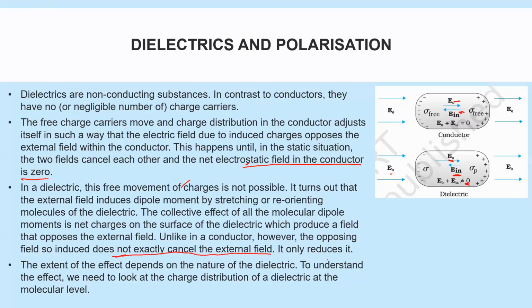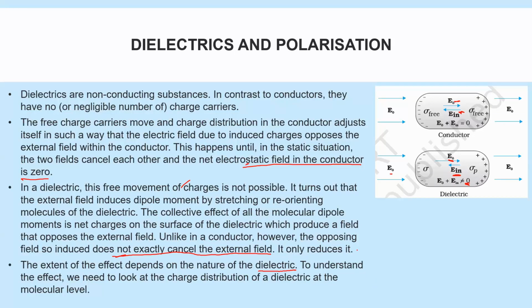So this is the nature of a dielectric. The induced electric field, because of the reorientation and the stretching of the molecular dipoles, is going to reduce the external field. It is not going to directly cancel the external field.